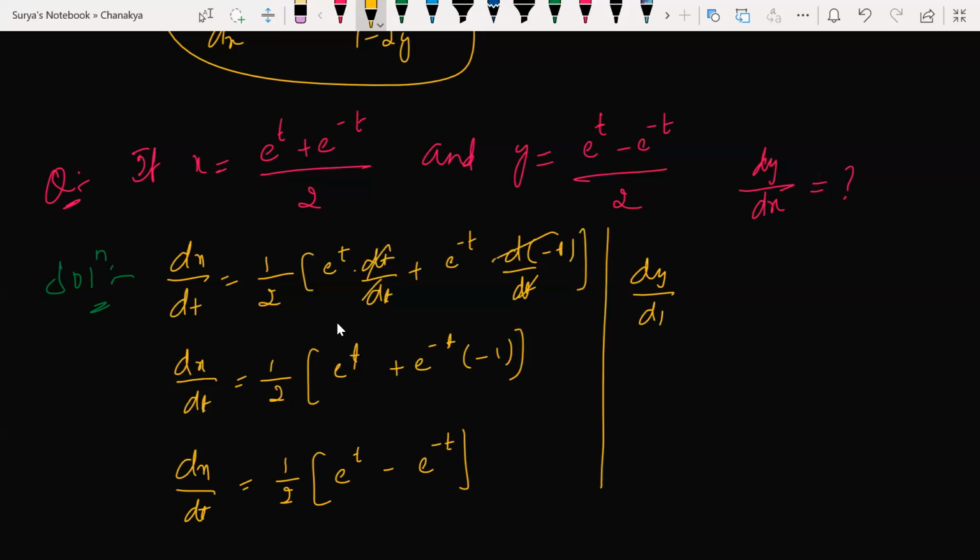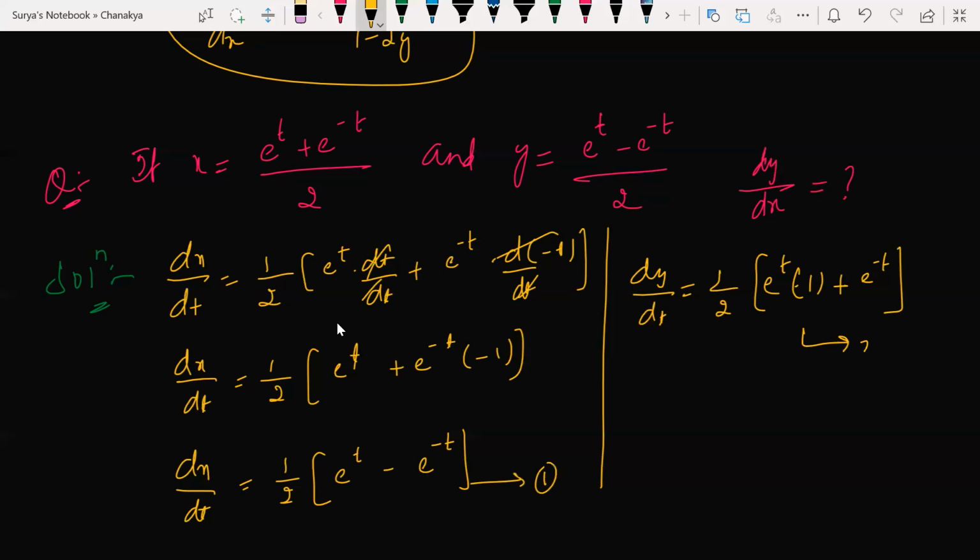Next, dy by dt is equal to 1 by 2 times e to the power of t plus e to the power of minus t. Is it clear?